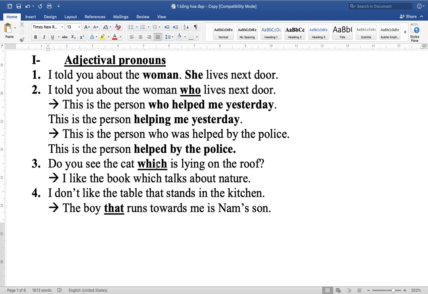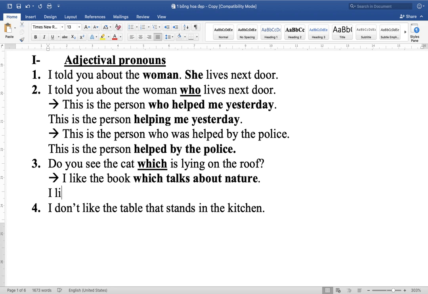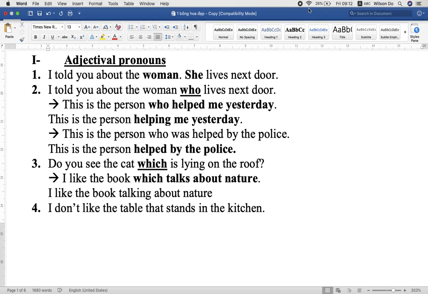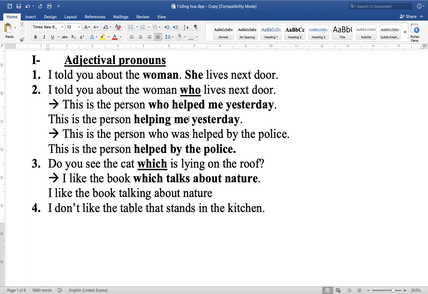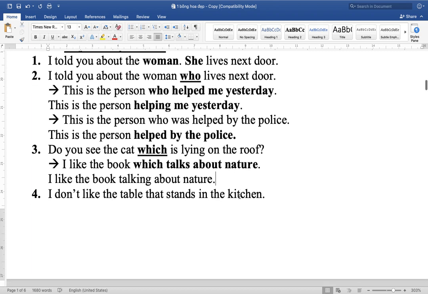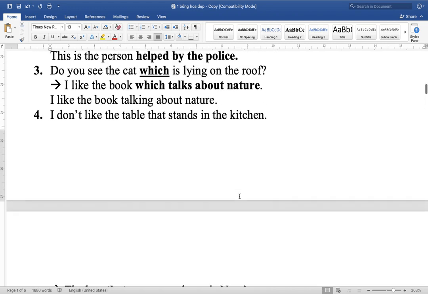How about which? Which is used for showing things. So, do you see the cat which is lying on the roof? Right. Or I like the book which talks about nature. So we can write I like the book talking about nature, right?